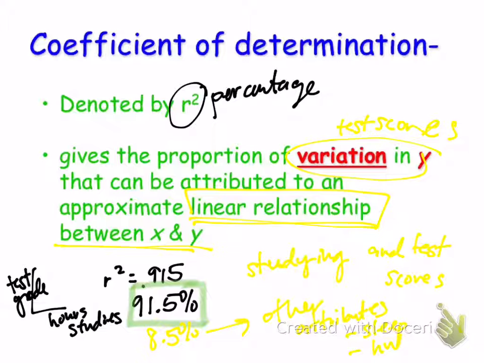So a lot of times test questions will say the proportion of, so 91% of the test scores can be attributed to the hours studying. But you have to say the linear relationship between x and y. So the relationship between studying and test scores, 91.5% of it is why you made the test score that you made. Does that kind of make sense?